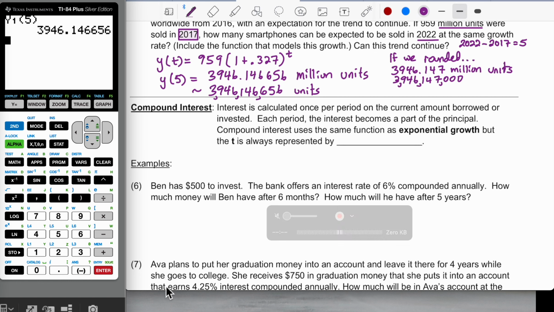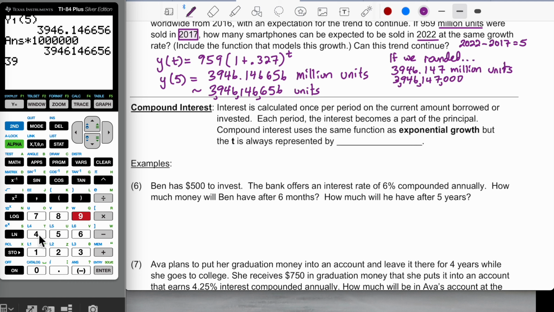All right. So a difference of 344 units.